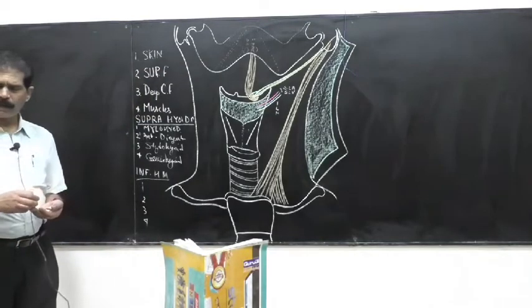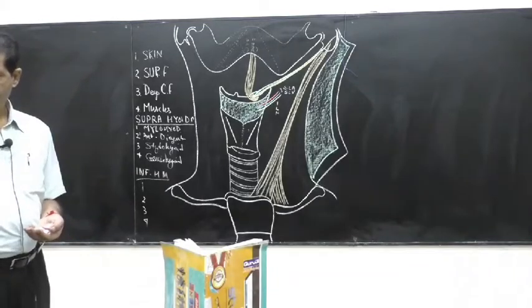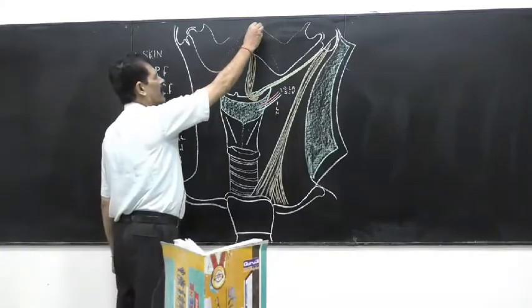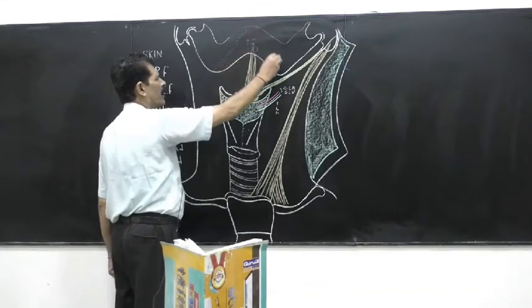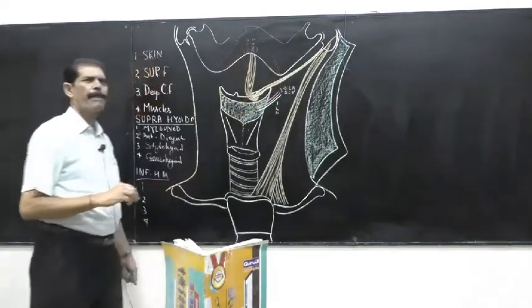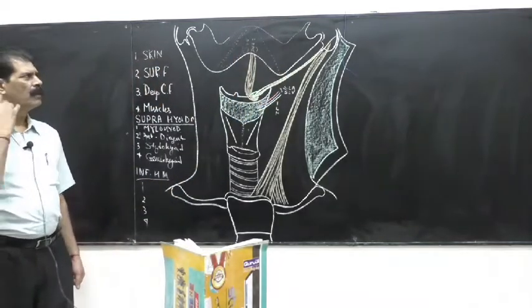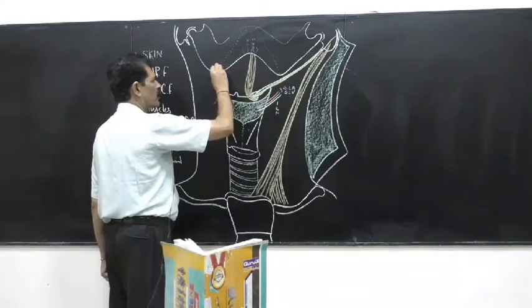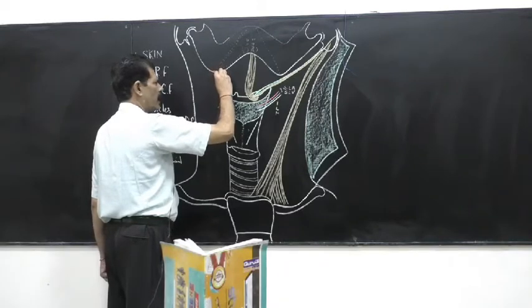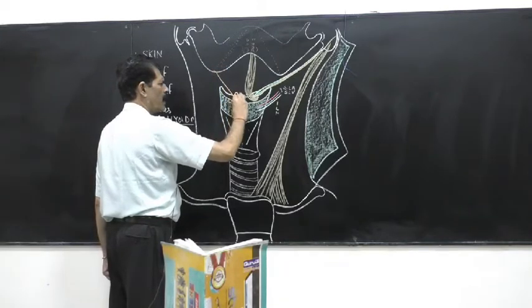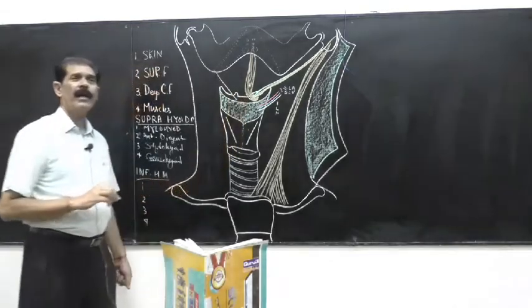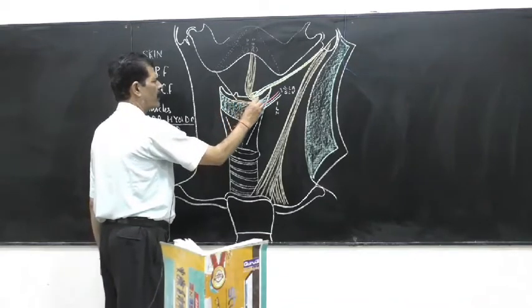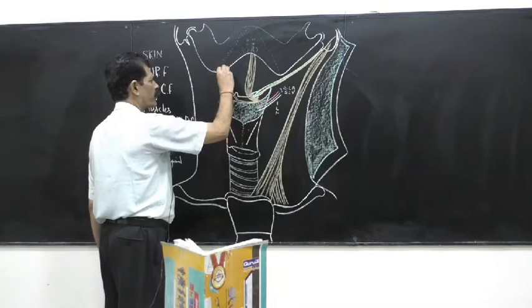Then comes the mylohyoid. So mylohyoid will take origin from the mylohyoid line. So this is the mylohyoid line, starting near the upper border of the mandible and it ends here in the lower border of the mandible, near the angle of the mandible. So the lowermost fibers of the mylohyoid muscle, they take origin and they come down and are inserted over the body of the hyoid bone, on its anterior surface, like this.